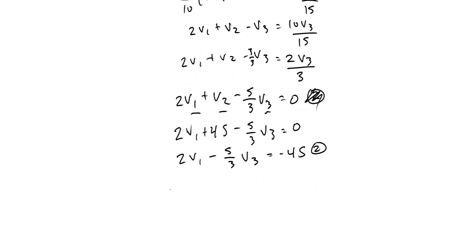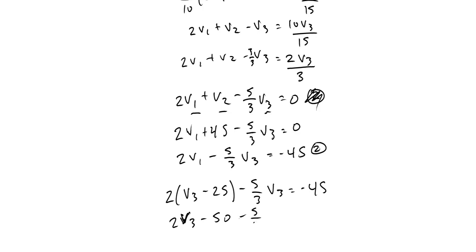So V1 is now V3 minus 25, so 2 times V3 minus 25 minus 5 over 3 V3 equals minus 45. Let's distribute this out to V3 minus 50 minus 5 over 3 V3 equals minus 45. Let's get rid of this. 50 plus 50 plus 50.